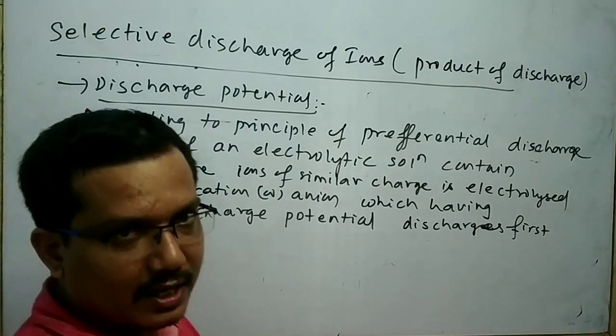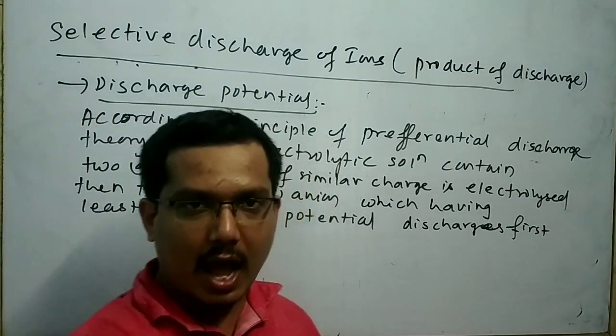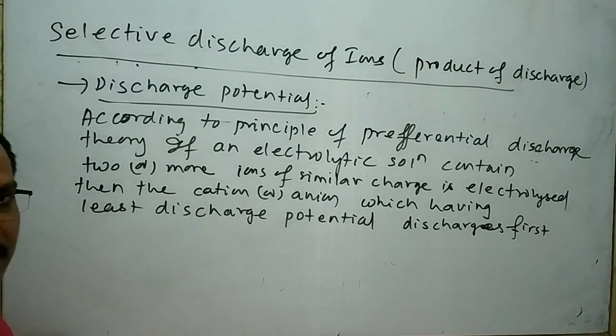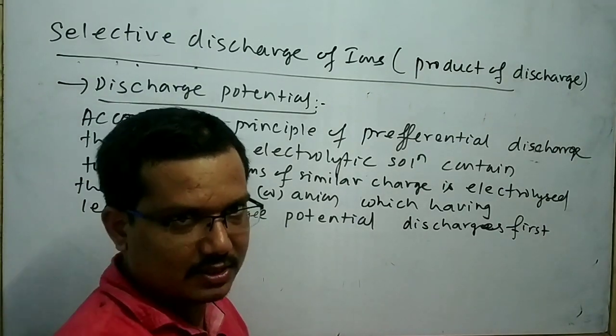Discharge potential is the energy which is required for an ion to be discharged and converted into a neutral species.